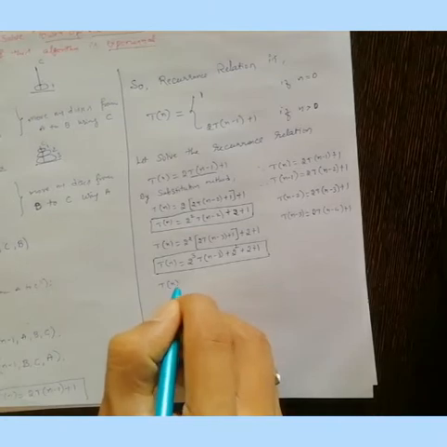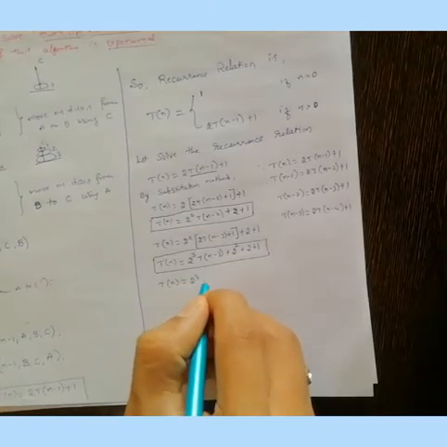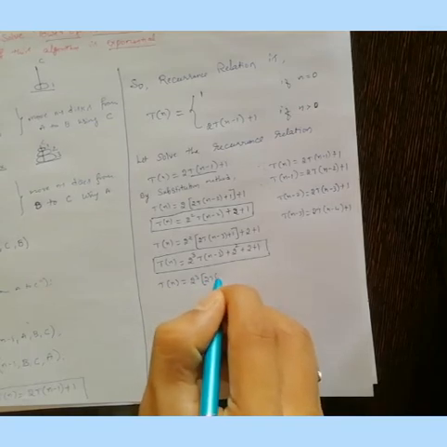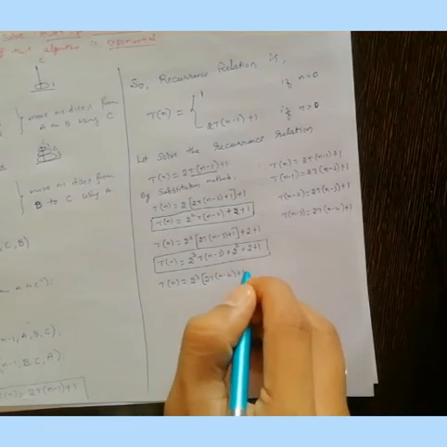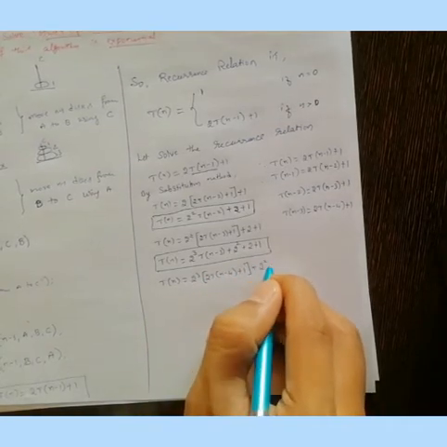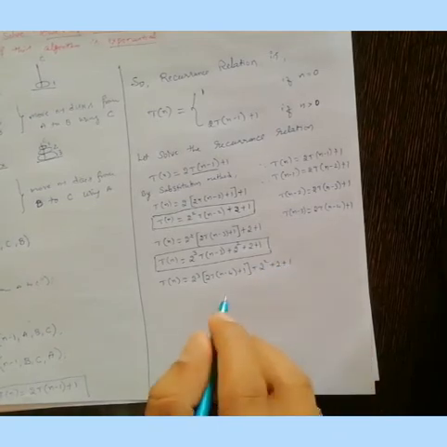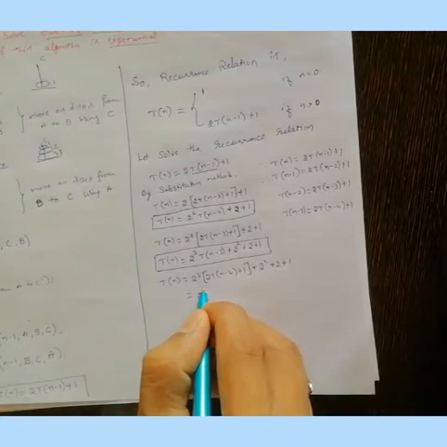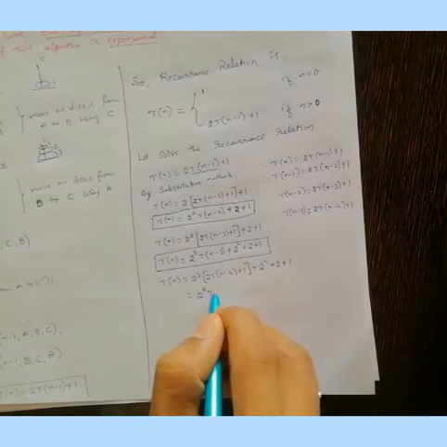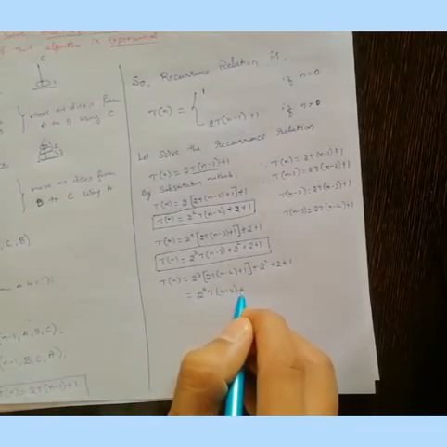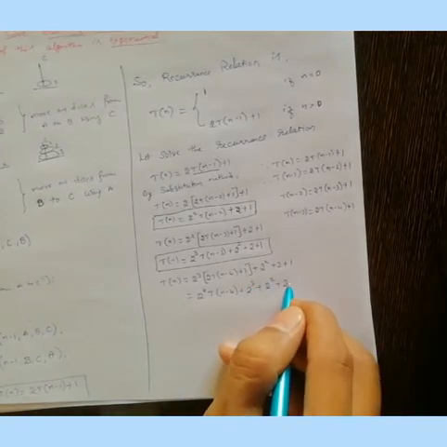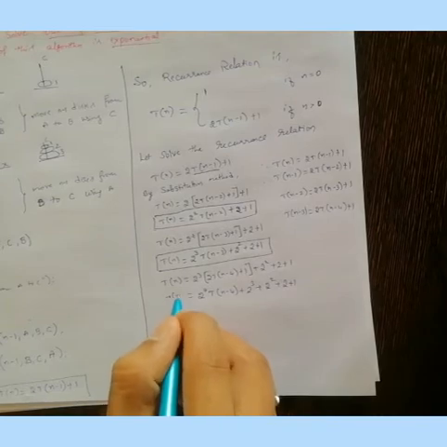We will get T of n is equal to 2 cube as it is, instead of T of n minus 3, 2 T of n minus 4 plus 1, plus 2 square plus 2 plus 1. So 2 power 4 T of n minus 4 plus 2 power 3 plus 2 power 2 plus 2 plus 1, that is T of n.